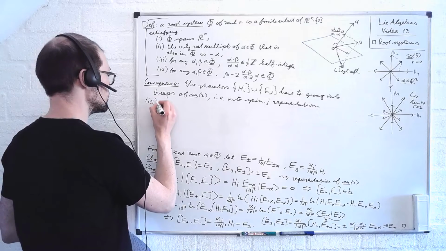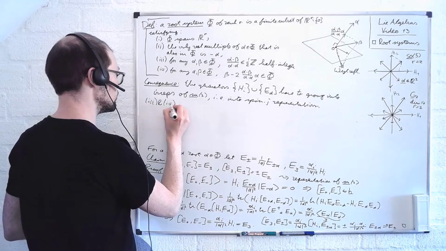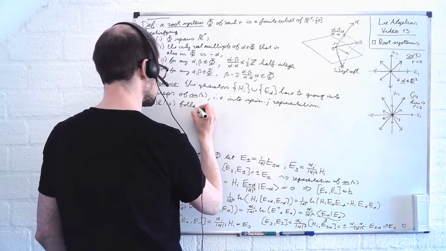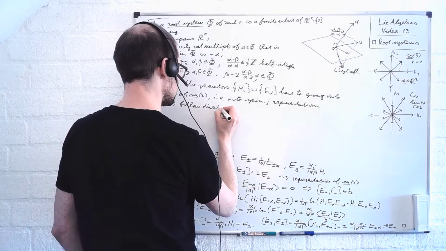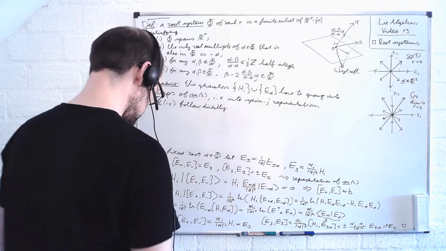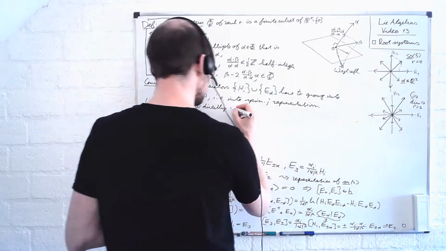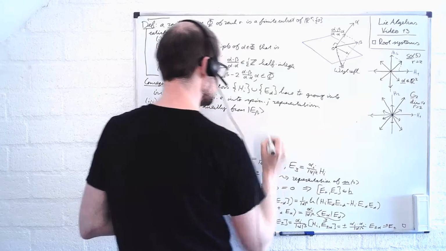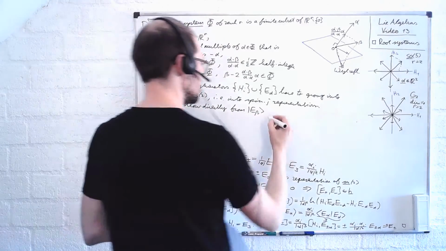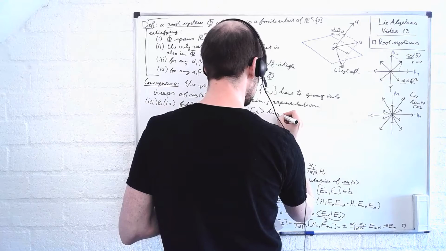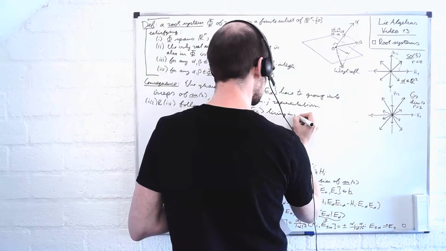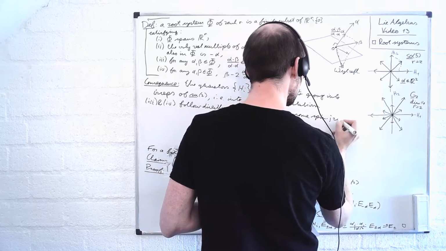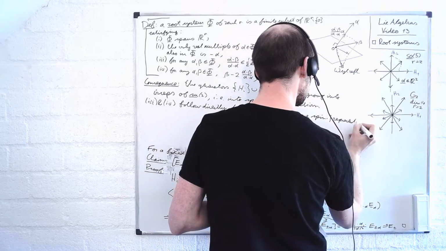So 3 and 4 follow directly from E of beta living in some spin J representation.